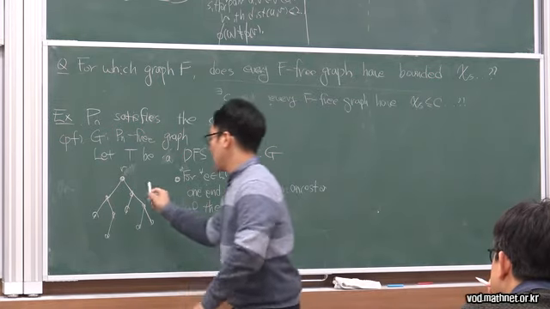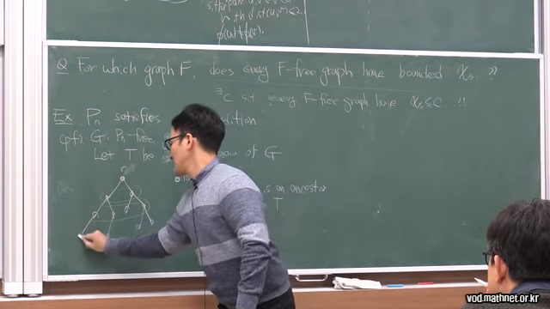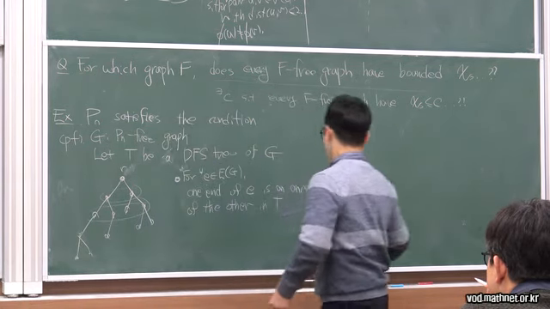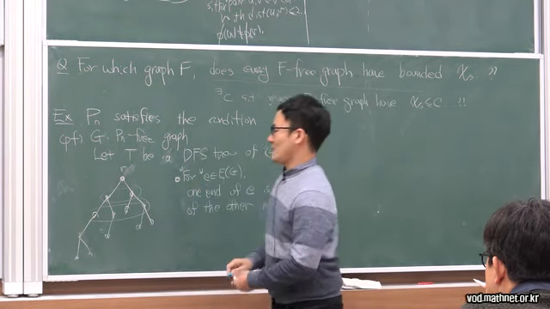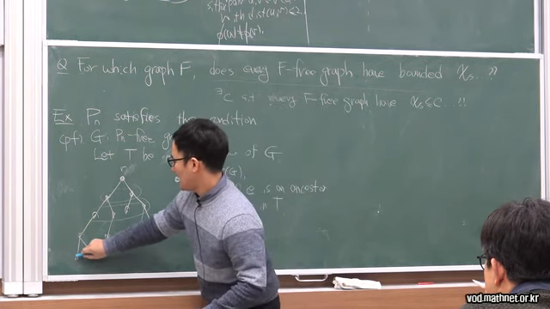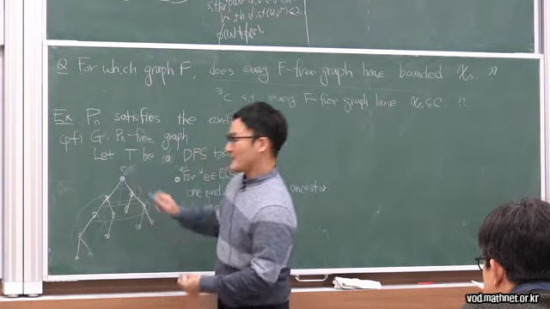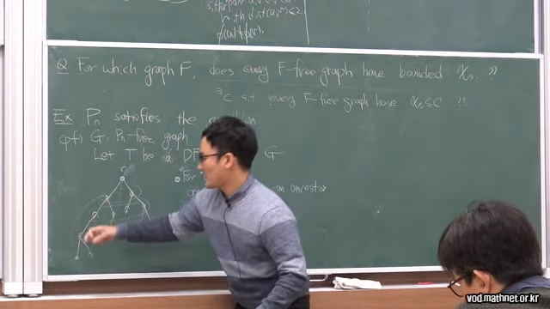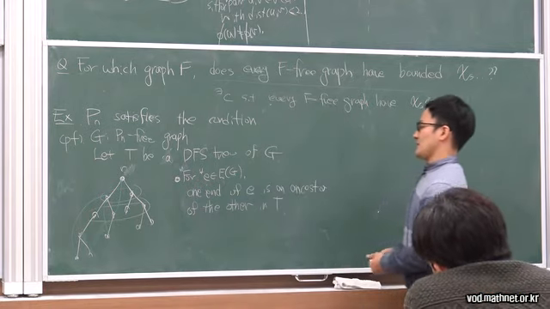So this part is independent, this part is independent, and there is no edge between these two vertices. No. But you can have an edge like this. Okay? Because this is an ancestor of that, this is an ancestor of this one.